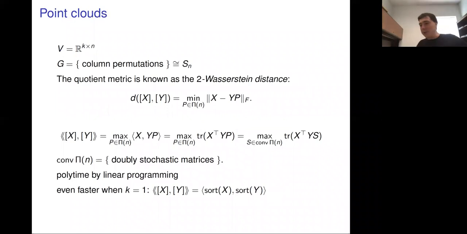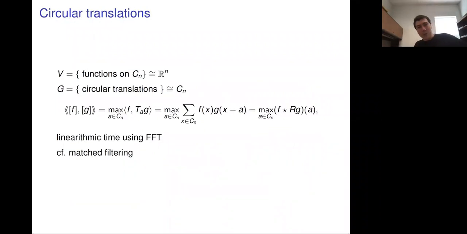There's a lot on this slide, so maybe I will just talk about this one here. If you have the group of cyclic or circular translations, so you're in a finite dimensional space, and you translate, but you wrap back around at the end of the vector. That's a very important group action in a lot of machine learning applications.